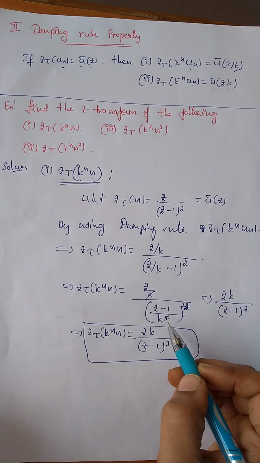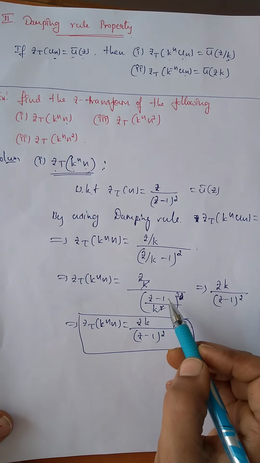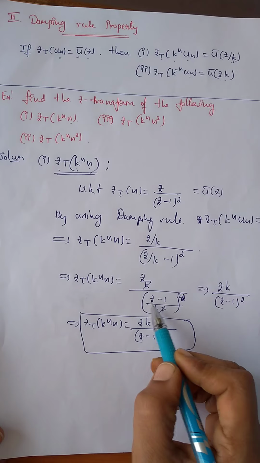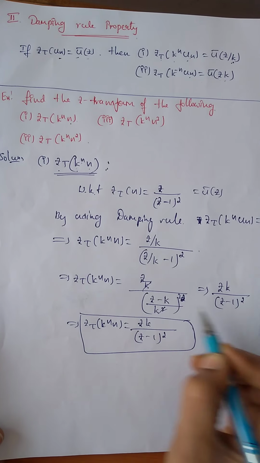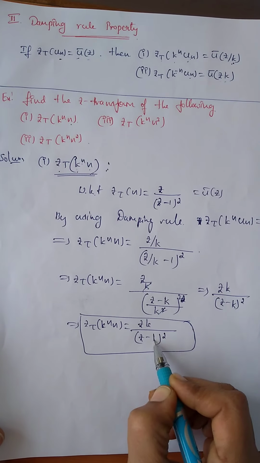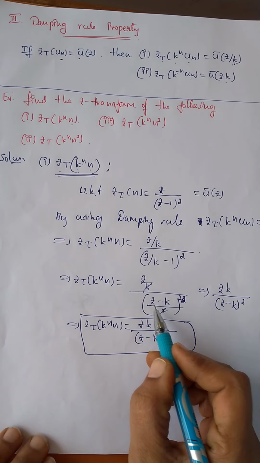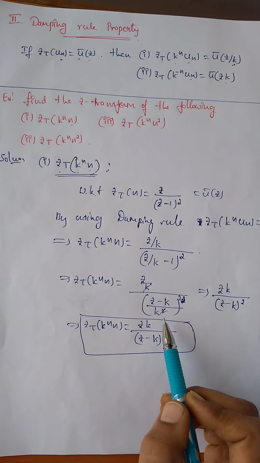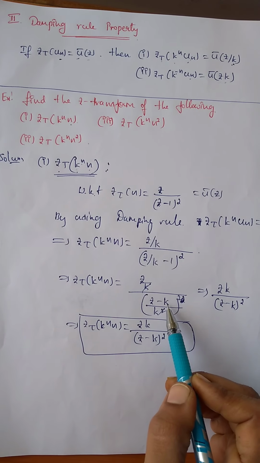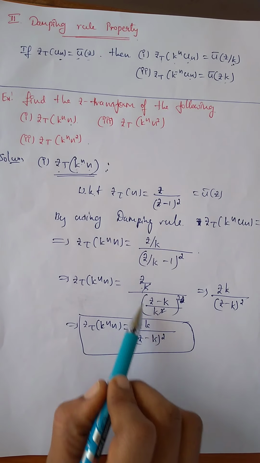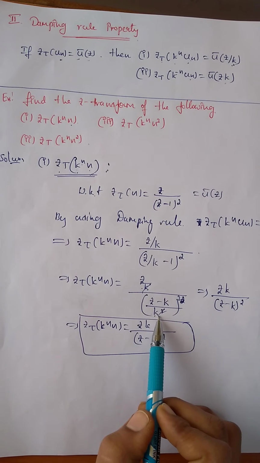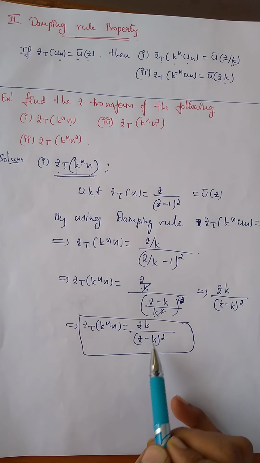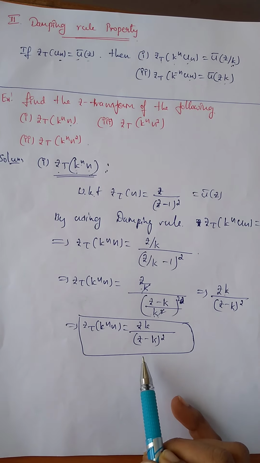Okay, I took the LCM in the previous step; k is the LCM. We'll get z minus k. If we take k as LCM, we'll get z minus k whole square. So z minus k whole square divided by k square. This one k gets cancelled. The remaining k goes to the numerator. The answer is zk by z minus k whole square.